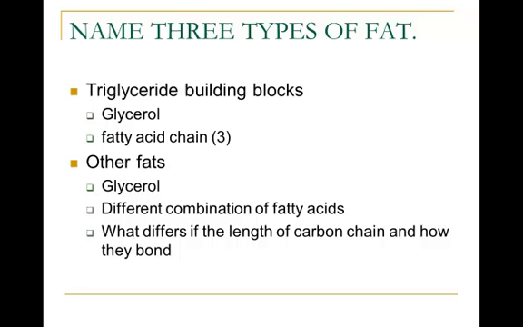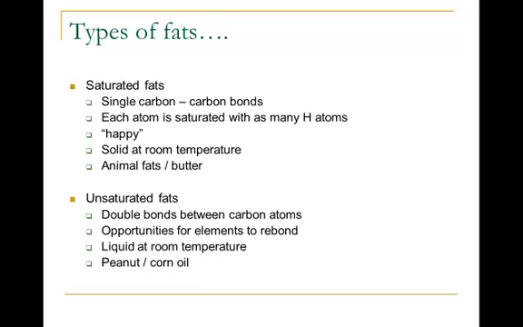Okay, so fats. When we look at a triglyceride, its building blocks are glycerol and 3 fatty acid chains, which we looked at previously. Other fats have a different combination of the fatty acids, and phospholipids and steroids are also examples of fats. Saturated fats, and we're talking about triglycerides now, are when the carbon bonds are saturated.